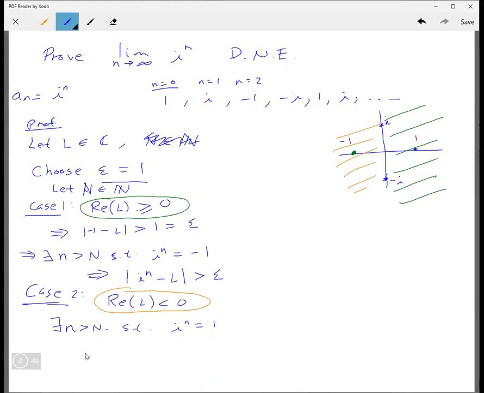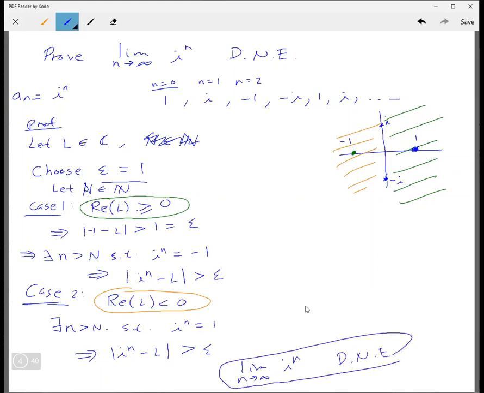And in that case, that's also going to be greater than 1 because you're over here now. The distance between this point and any point over here is greater than 1. And so then the limit as n goes to infinity of i to the n does not exist. Okay, so that's how you would prove that, or a rough outline of the proof.